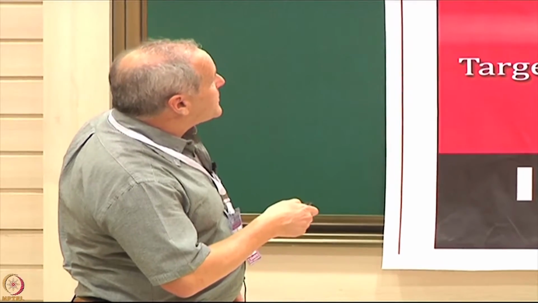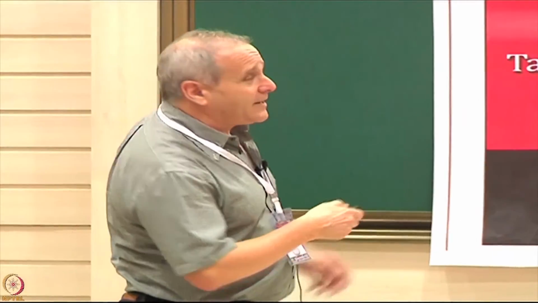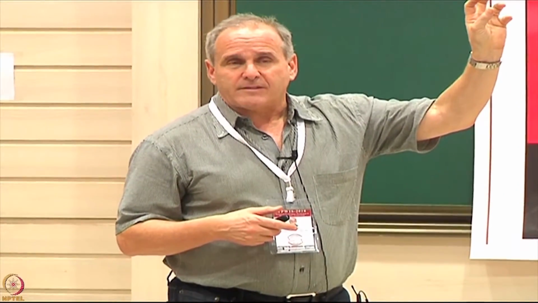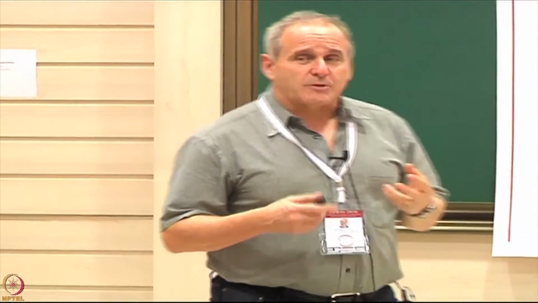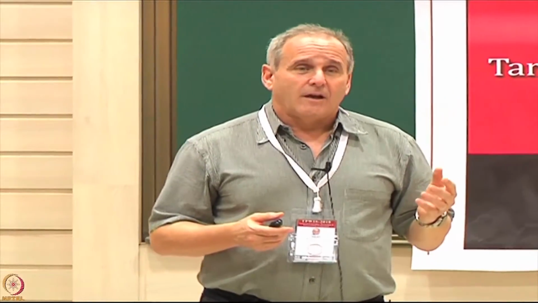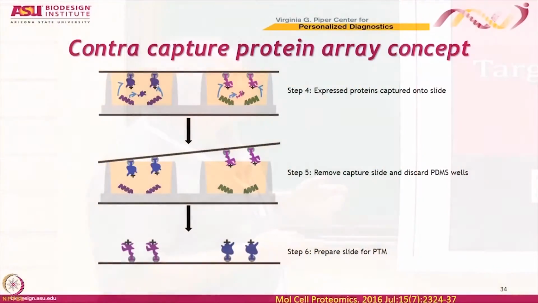So we put the halo ligand on this glass slide, and the proteins that we're producing have the HaloTag. When they see the glass slide, they form a covalent attachment to the glass slide. What we like about a covalent attachment, of course, is it's much more permanent. You can wash it really hard and it'll stay stuck. All right, so then we express the protein.